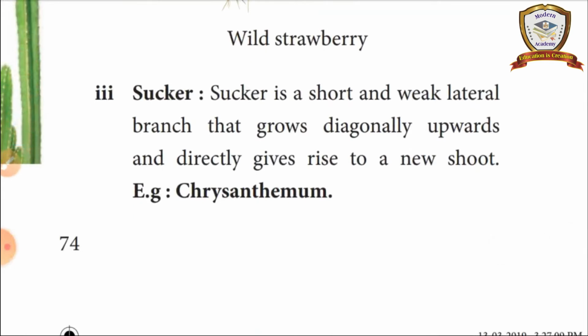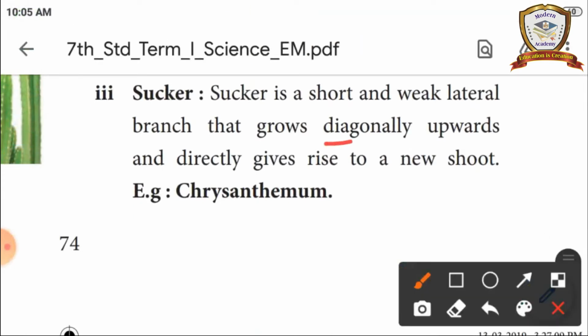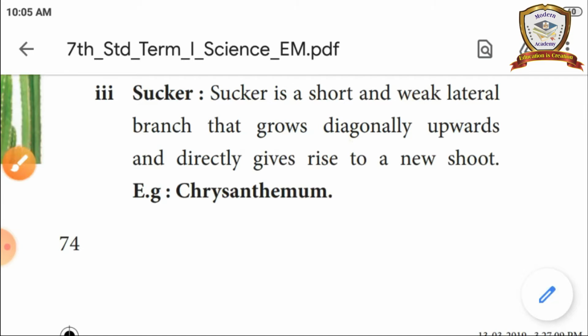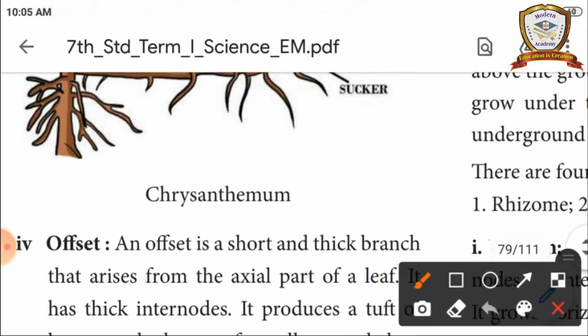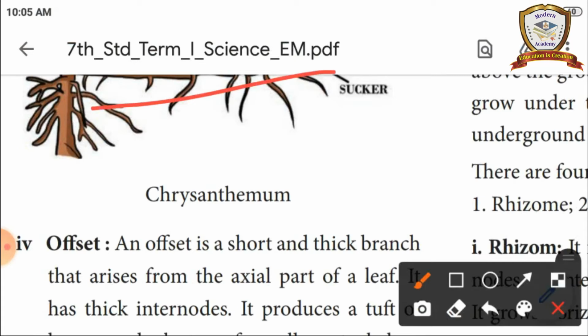Sucker is a short and weak lateral branch that grows diagonally upwards and directly gives rise to a new shoot. Example, chrysanthemum. In this plant it is a weak branch, so it grows diagonally, near that area, and gives a new stem. This is known as sucker.